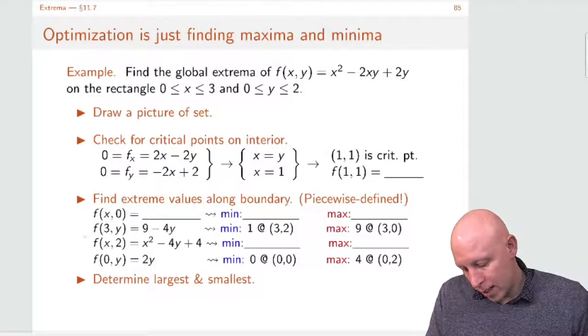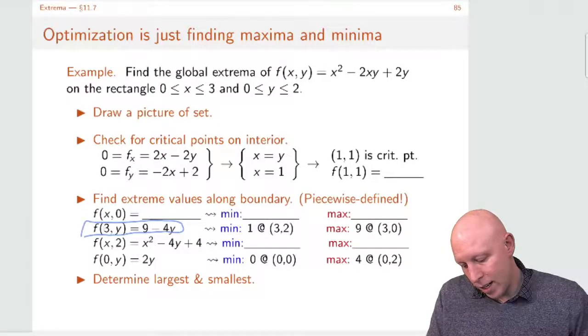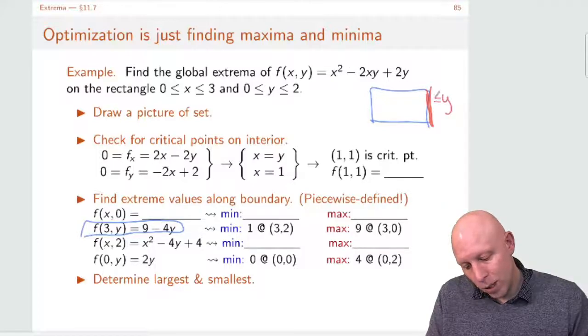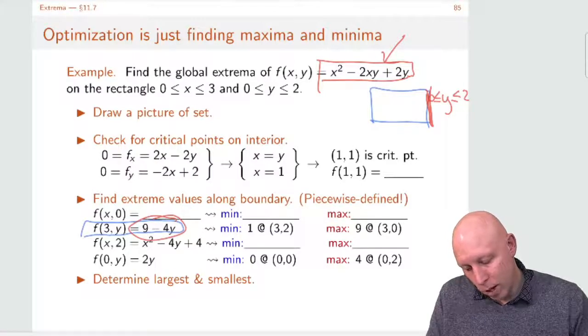Let's look at this side, f(3, y). Here y goes from 0 to 2. We plug (3, y) into the function, and we get 9 minus 6y plus 2y, which is 9 minus 4y.